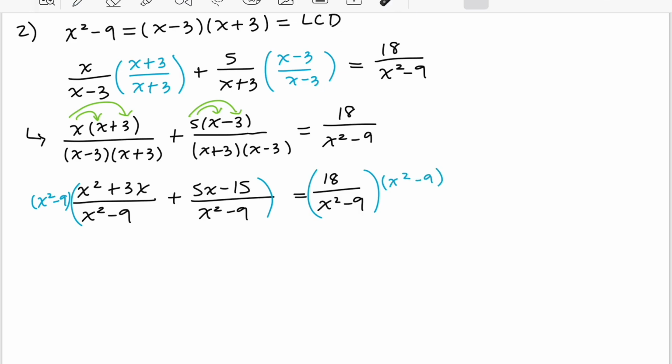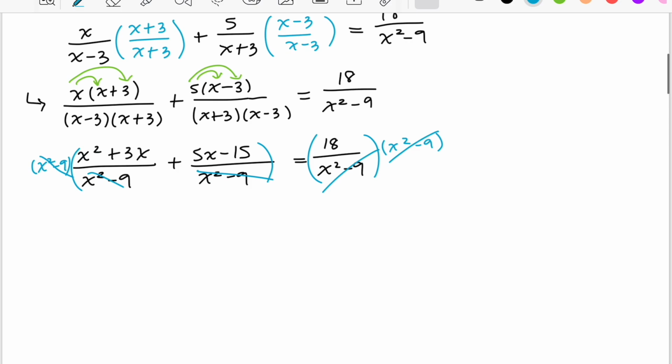What happens is, since this x squared minus 9 is multiplying this term and this term, we're going to get an x squared minus 9 in the numerator, and we already have an x squared minus 9 in the denominator, so these cancel, and these cancel. Similarly, on the right-hand side of our equation, these cancel. So we're left with x squared plus 3x plus 5x minus 15 is equal to 18.